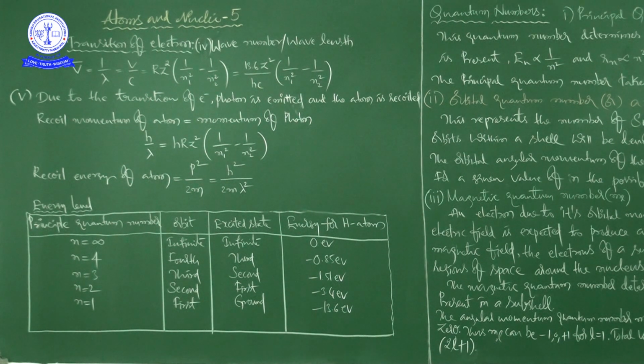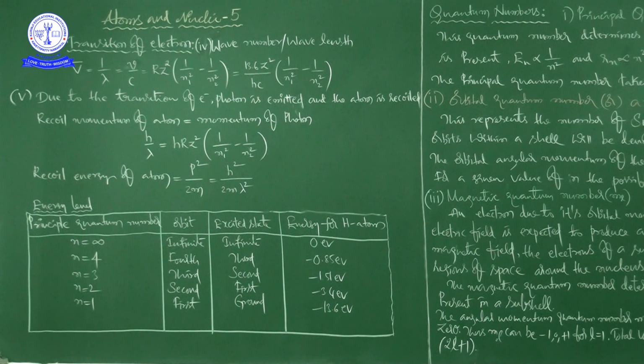So 1 by n1 square minus 1 by n2 square is equal to 13.6 z square divided by hc, where h is the Planck's constant, c is the speed of light, and 1 by n1 square minus 1 by n2 square.